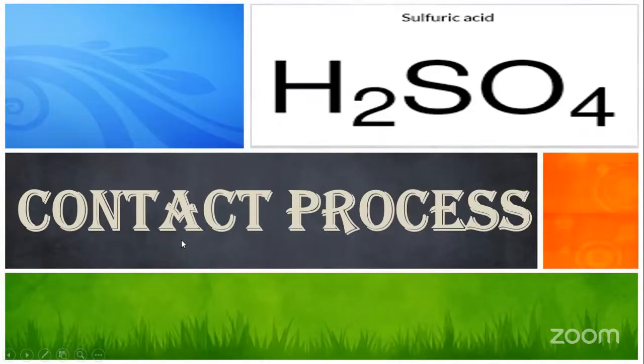So the industrial processes, the one for Haber process and the one for contact process, for us to come up with industrial manufacture of ammonium sulphate.